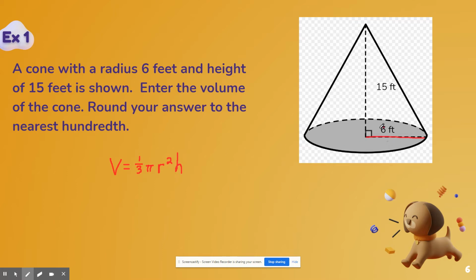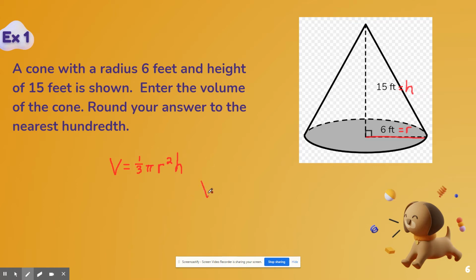So here's what I know right now. 6 foot is the radius. 15 would be the height. And so to figure out this problem, I just plug those into this formula.